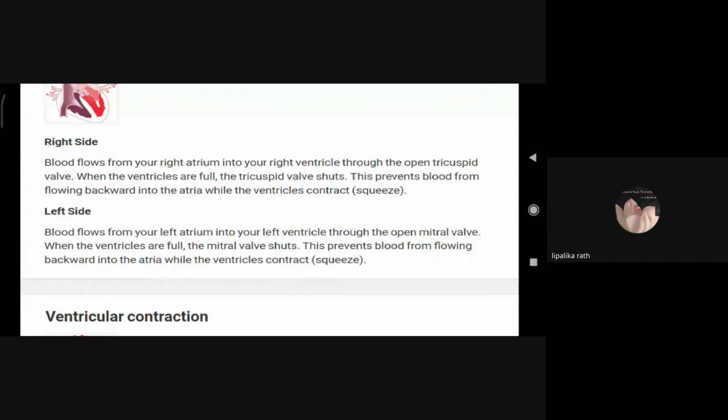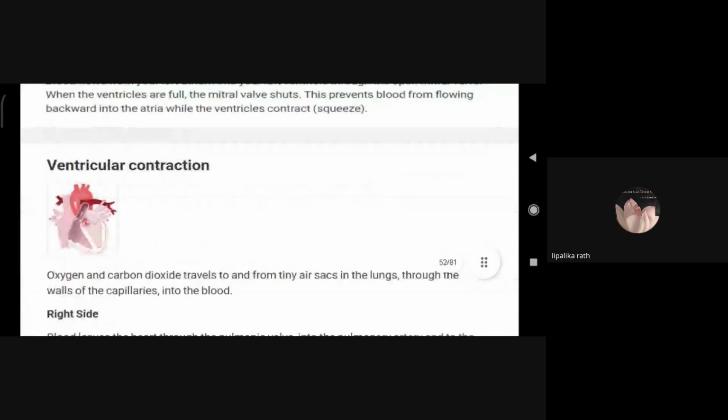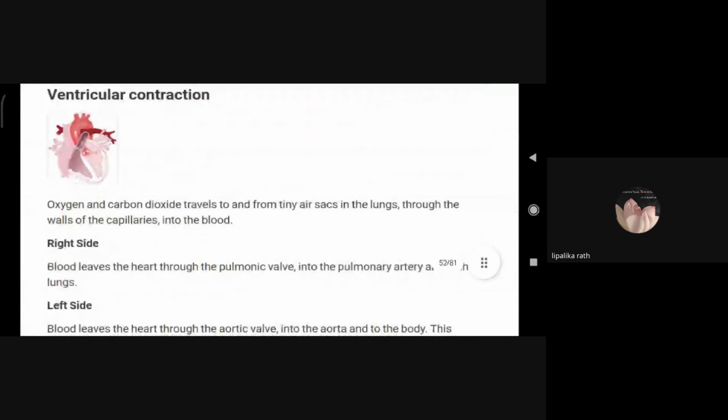Bicuspid means only two doors are present, the valve is made up of two doors, and tricuspid means the valve is made up of three doors. When the ventricles are full, the mitral valve shuts. It prevents the blood from flowing backward into the atria while the ventricles contract.